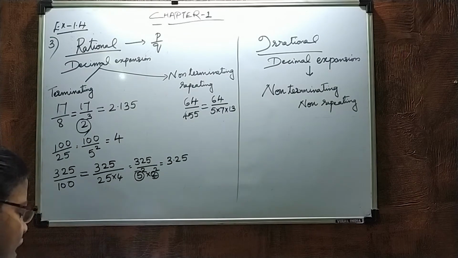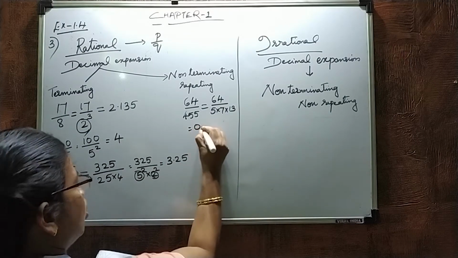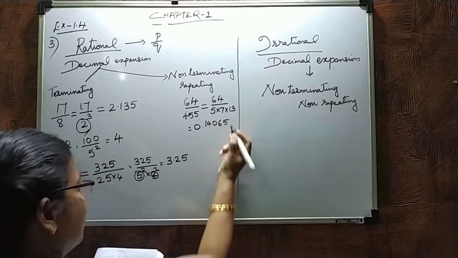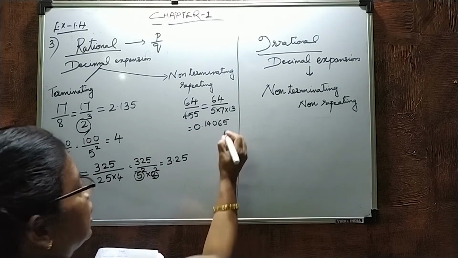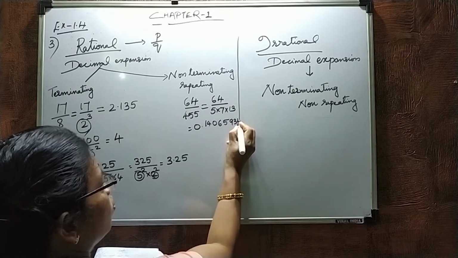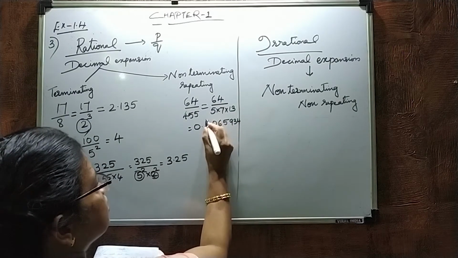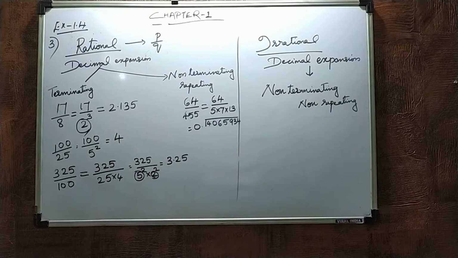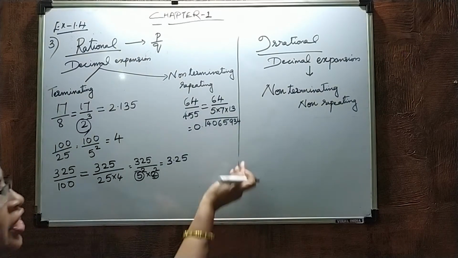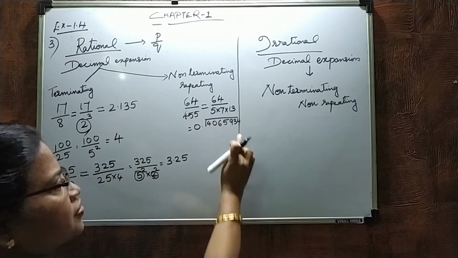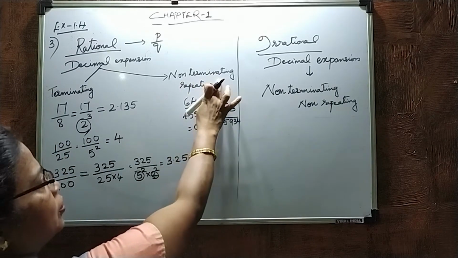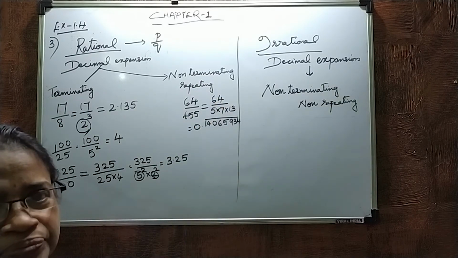Okay, and you will get the answer as 0.14065934 with a bar, means again it is repeating 14065934, right? That means it is non-terminating repeating.